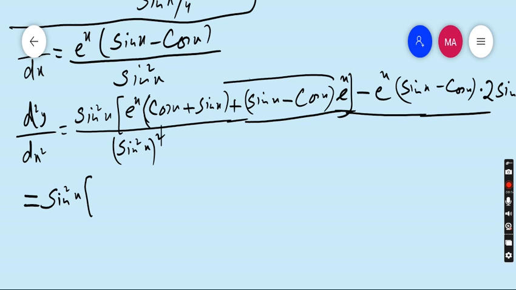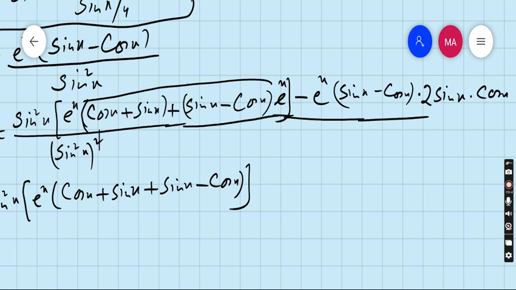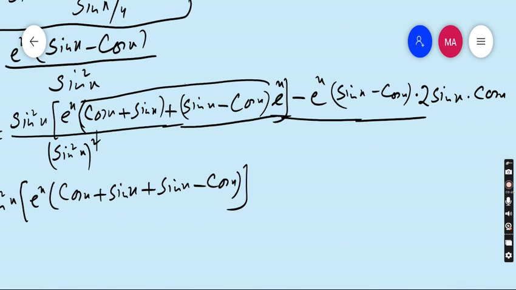If I take common e^x from this expression, cos x plus sin x plus sin x minus cos x, and this is minus 2 e^x sin x minus cos x into sin x multiplied by cos x.